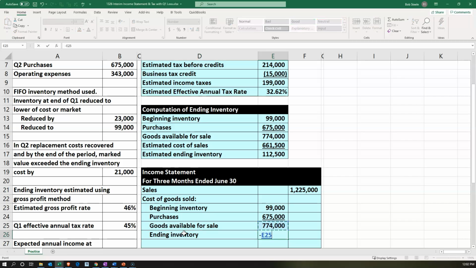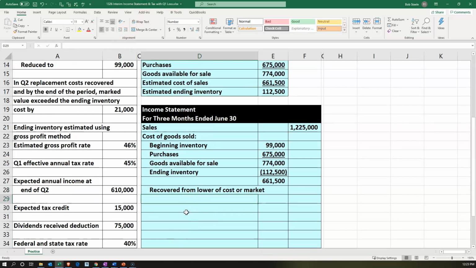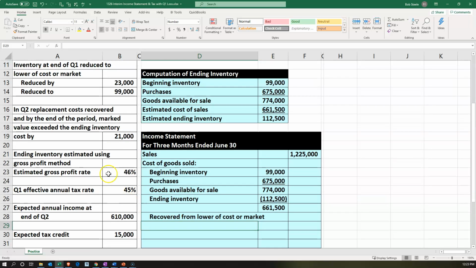I'm going to make it a negative number here because we're going to subtract it. So there's the ending inventory, which was the 112,500. And that's going to be a subtotal because we're not quite there yet, because then we have the recovery from lower of cost or market because of this issue with the lower of cost or market related to the inventory.